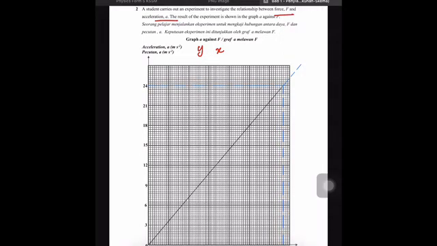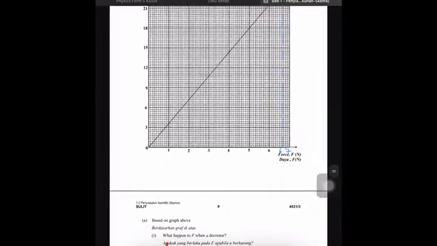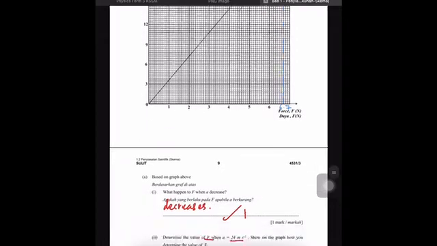Clear? So what is the answer? Your F is 6.7 Newton. So you have to show in your graph, then you write down here.